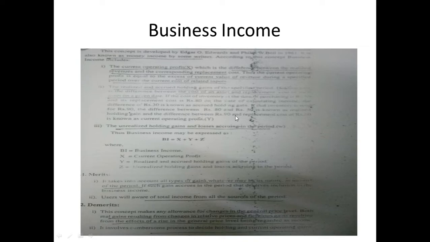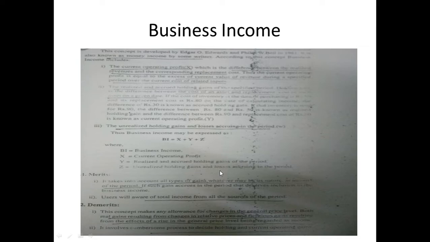Then suppose you are selling the 80-value goods at 90, then 10 rupees is your holding gain, and 30 rupees is your current operating profit. Suppose you thought you could sell it at 100, but you are selling only at 90. 10 rupees will be your unrealized loss.